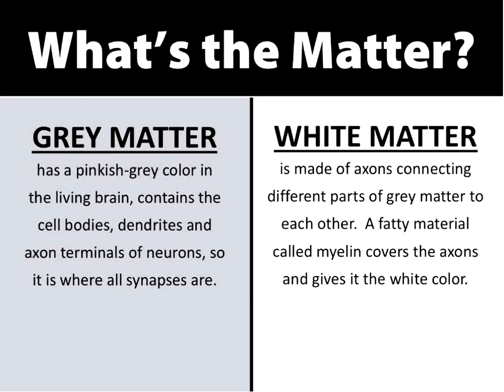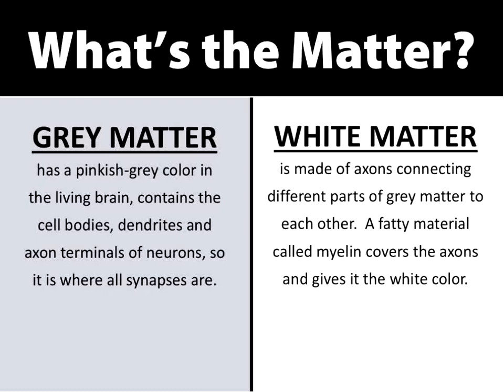So let's get into some more depth. We've looked at it from a 30,000-foot view; let's look more down on the ground, if you will, at the matter. There's gray matter and white matter. Gray matter is a pinkish gray color in the living brain. This is the area where things happen. It has the cell bodies, the dendrites, the axon terminals, and neurons, where information is passed from one neuron to another through the synapses.